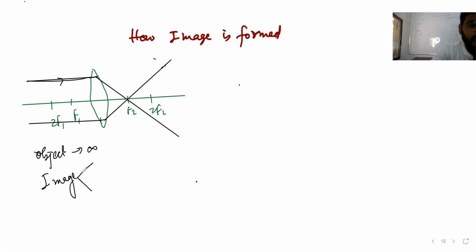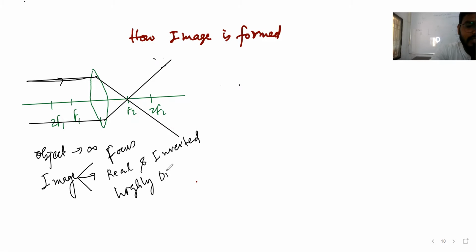Three things you will see here for the image: formed at focus, right? And it is real, because actually rays of light are meeting. Real and inverted, right? Whenever it is real, then it should be inverted. And diminished, highly diminished, too small, point size object, highly diminished.